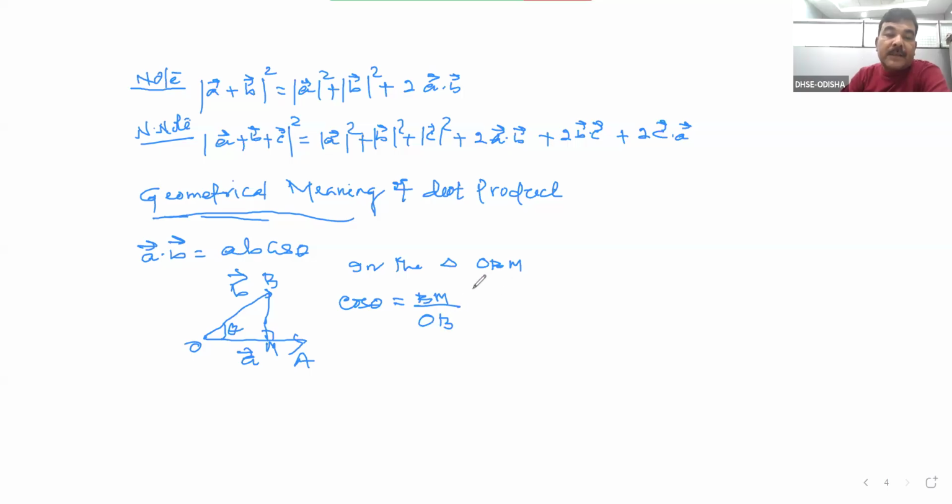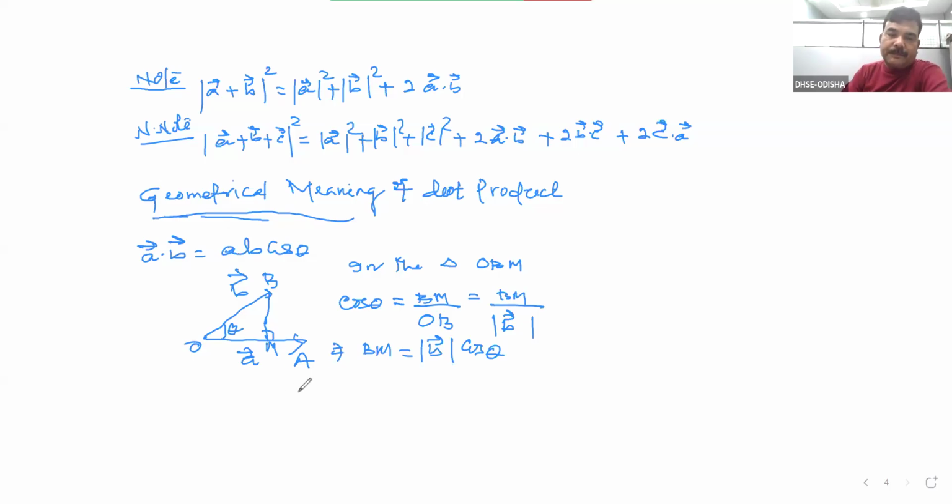OB is nothing else but the magnitude of the vector B. So BM is equal to magnitude of vector B into cos theta.